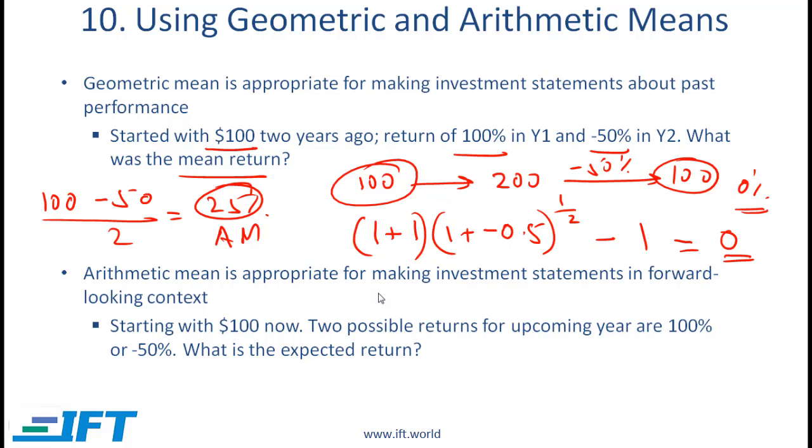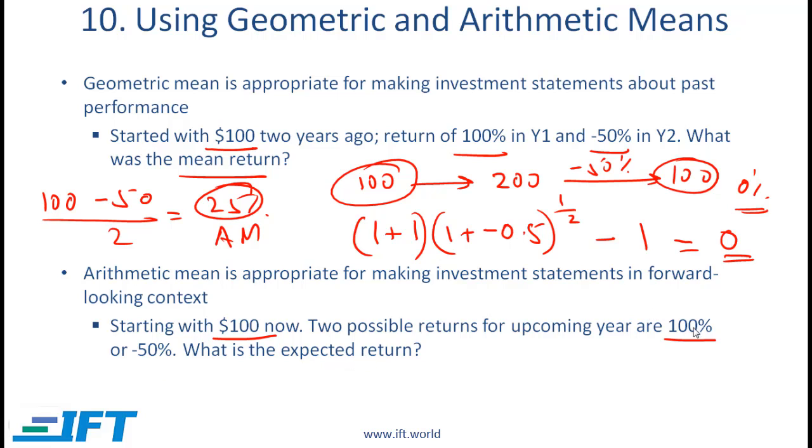An arithmetic mean is appropriate for making investment statements in a forward-looking context. If you have $100 now, and the two possible returns for the upcoming year are a 100% gain or a minus 50% loss, what is the expected value?